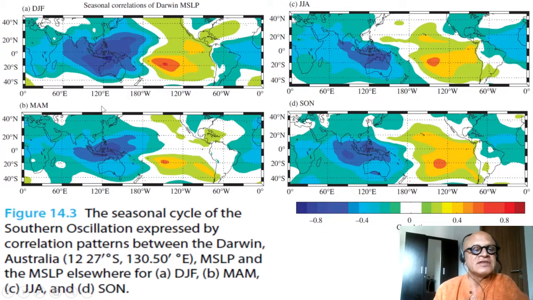Nonetheless, you can clearly see the movement of the correlation. With the movement of the ITCZ and the heating, you're going to change the correlation. So you can see the waxing and waning of this center as well as the changes in this center. So that's for JJA and SON.